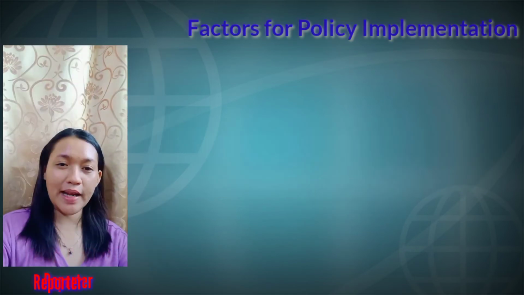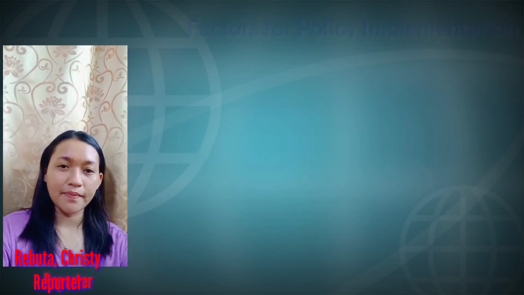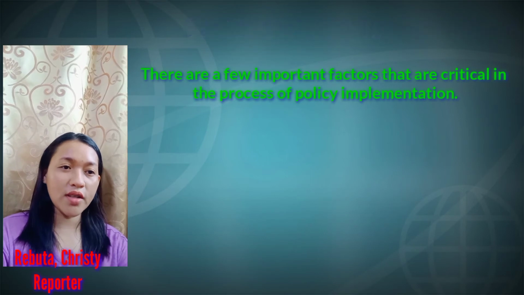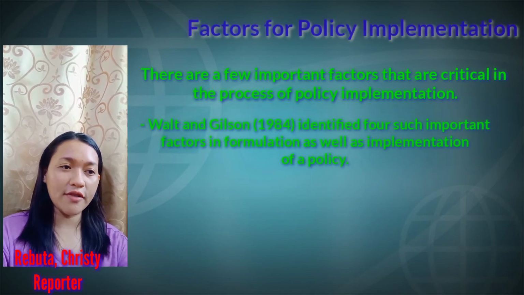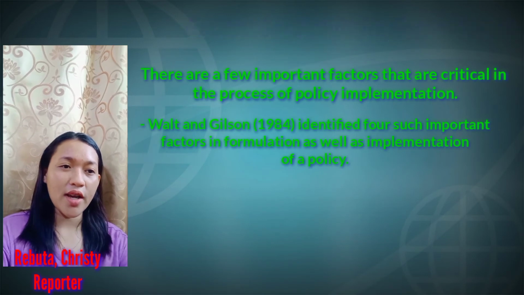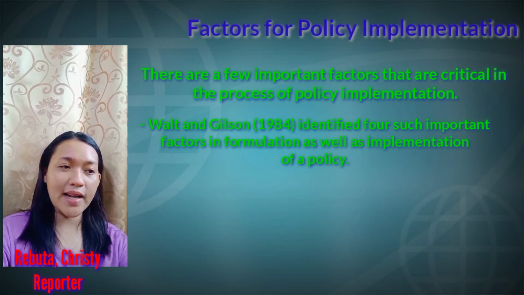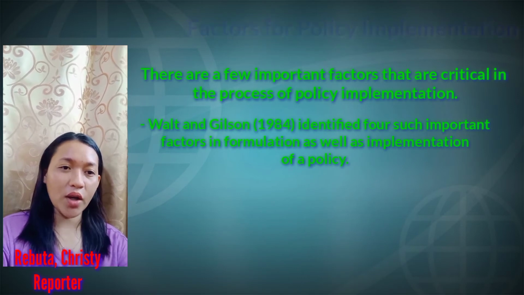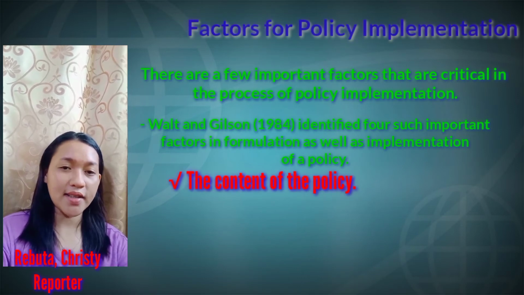The factors for policy implementation. There are a few important factors that are critical in the process of policy implementation. Walt and Gilson, 1984, identified 4 such important factors in formulation as well as implementation of a policy. And these are: number 1, the content of the policy.